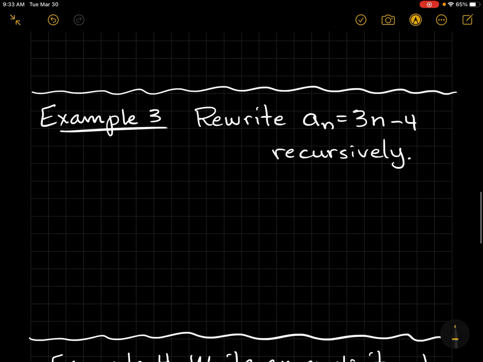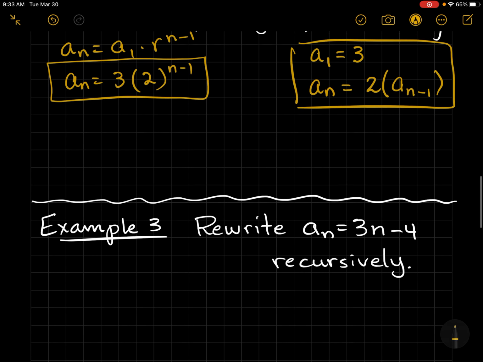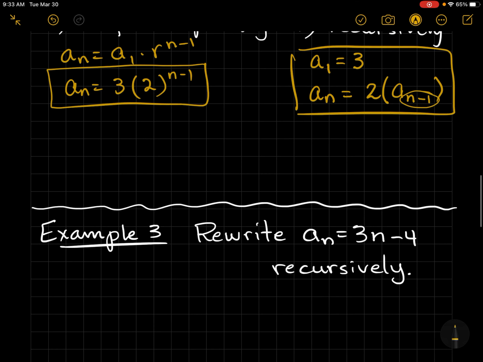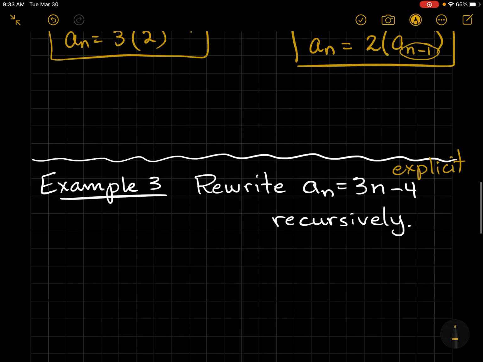Example 3, write a sub n equals 3n minus 4 recursively. Now you can tell if something is recursive because you see that little subscript with the minus 1 on it. So this is explicit, and now the directions say, let's write it recursively.